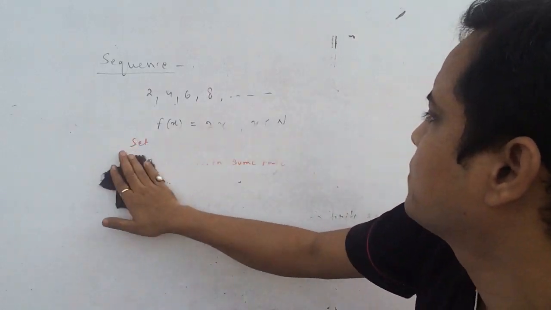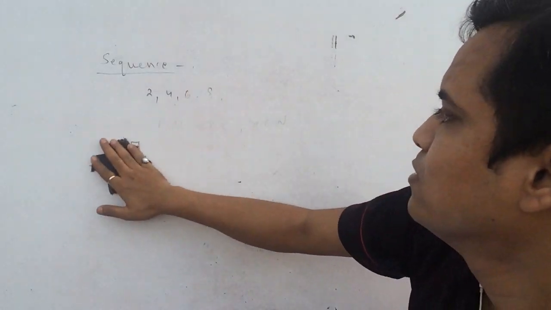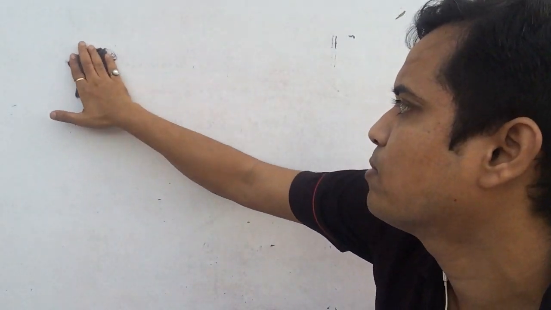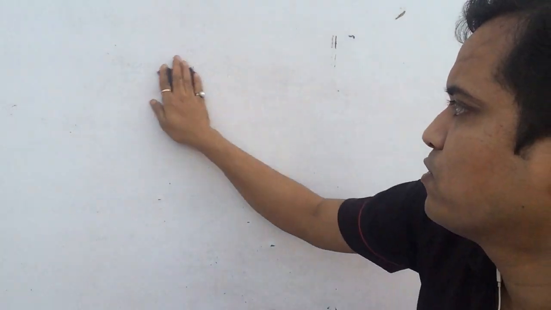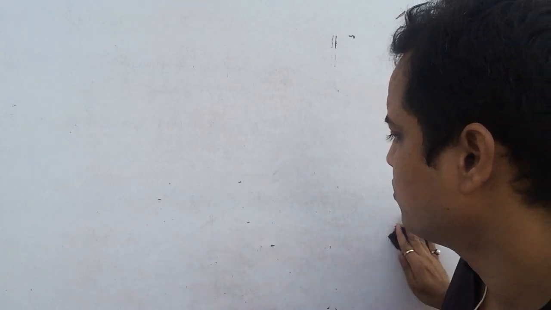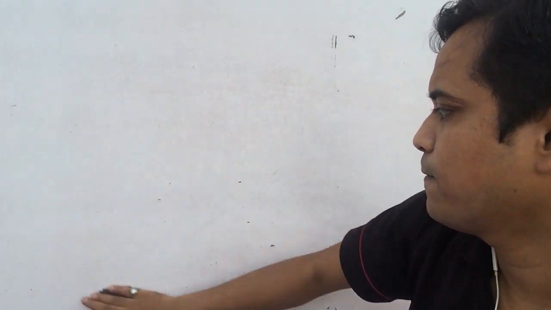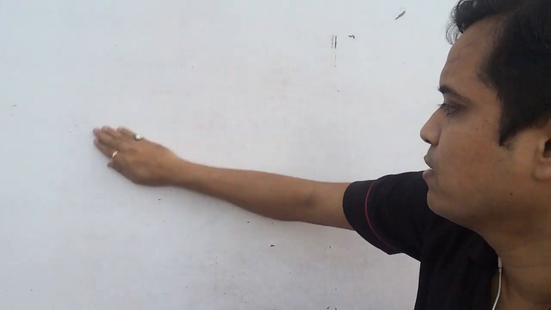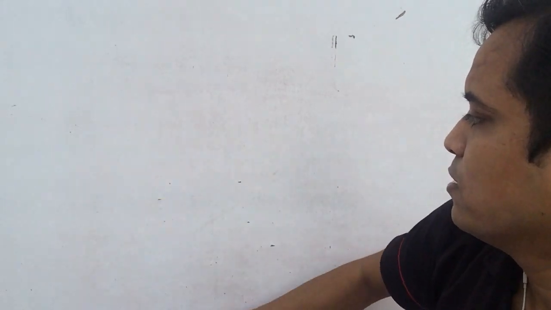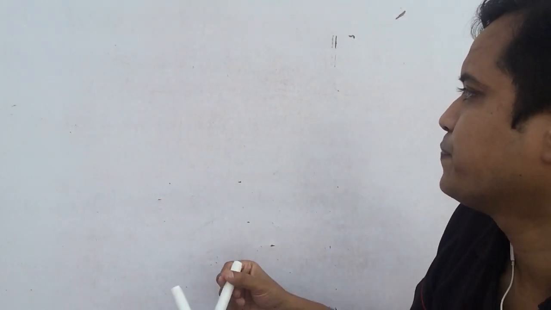We have learned what a sequence is. A sequence is a1, a2, a3, an, which has some order, some rule. And a series is a1 plus a2 plus a3 plus up to an, the expression of this sequence. Now we are moving to the progression.